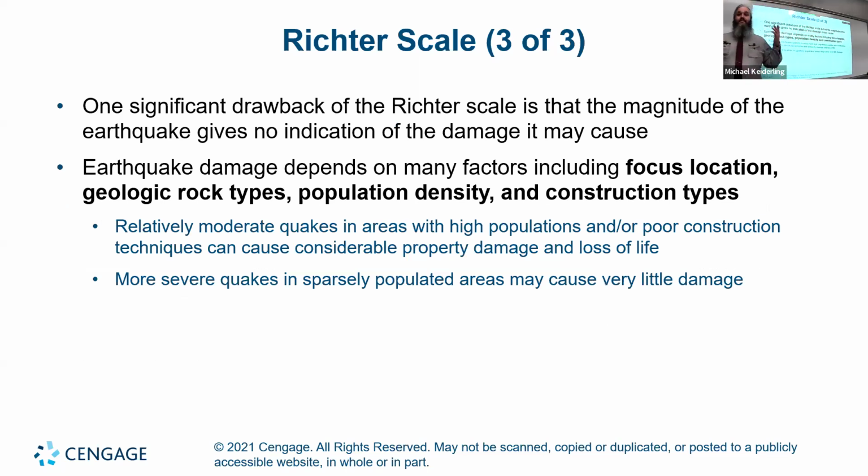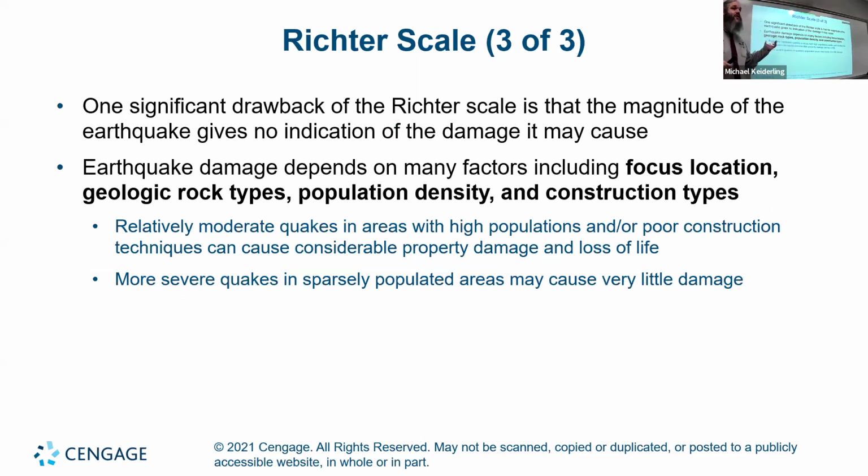Now, one big drawback of the Richter scale is that the magnitude of an earthquake doesn't really give a good indication of the damage it can cause, because earthquake damage depends on a lot of other factors. The magnitude of the earthquake tells you how big the vibrations are, but the effects of those vibrations depend on what they're running into.